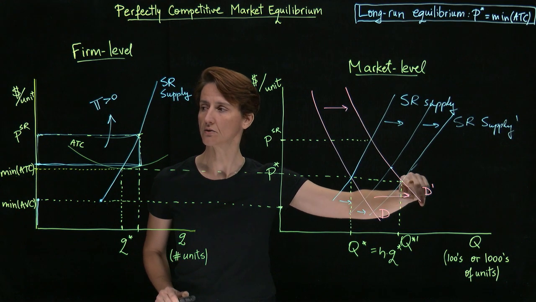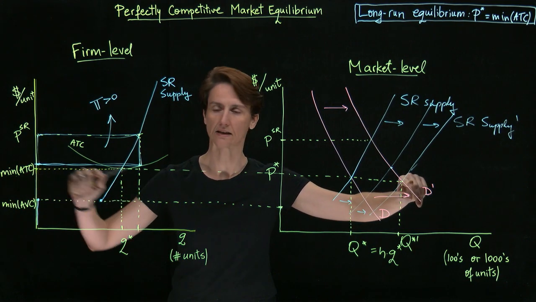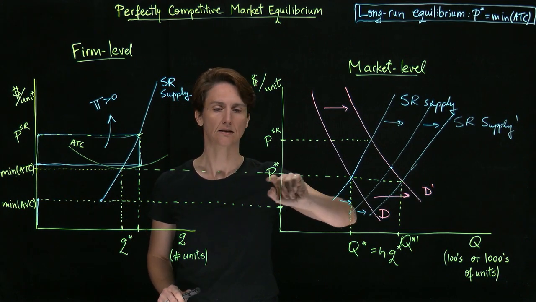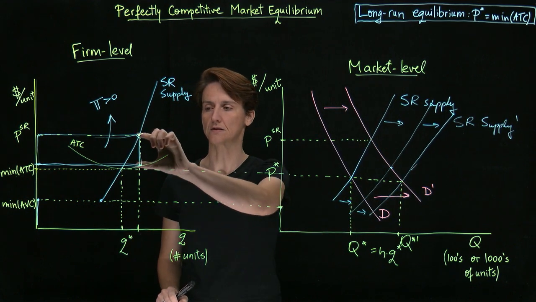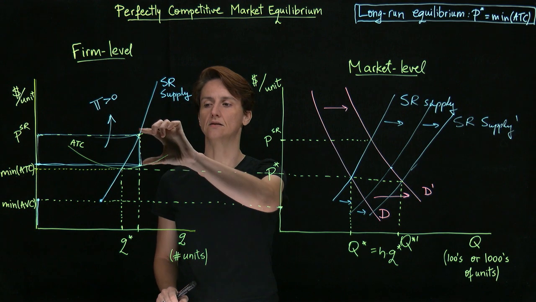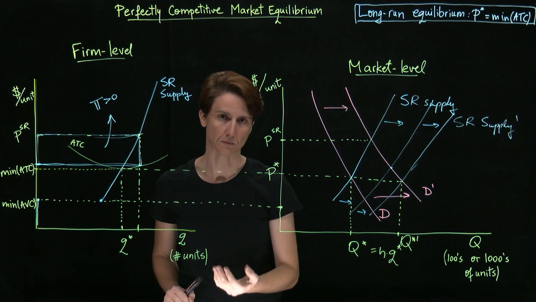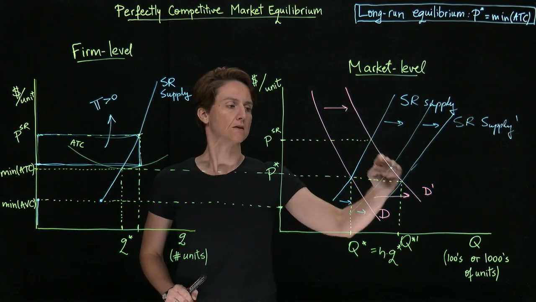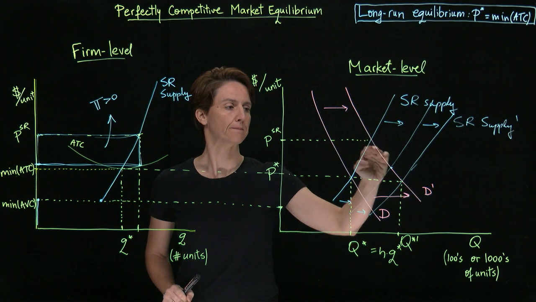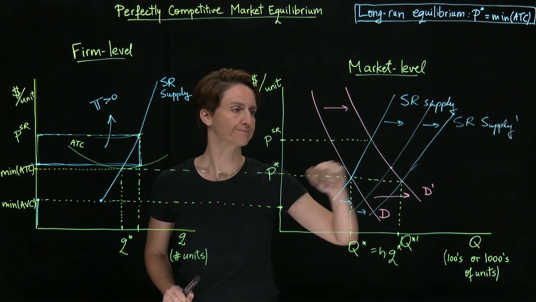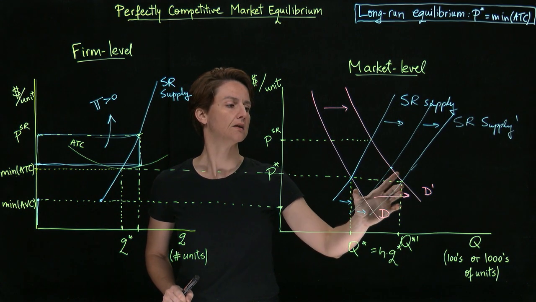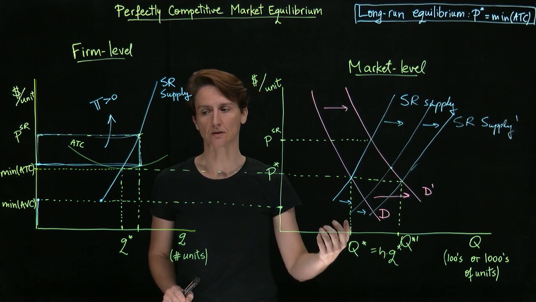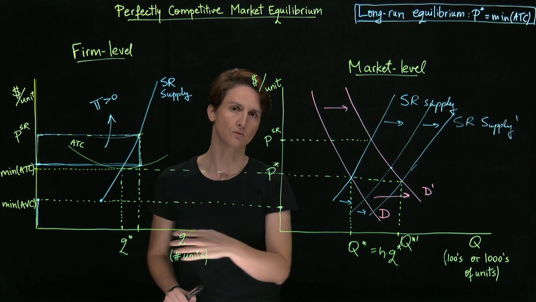That will continue until the price once again reaches that P star minimum of ATC level, at which point profits are back to zero and there are no more incentives for more firms to come in. So we'll be in a new equilibrium, but at the same price. And in this new equilibrium, a larger quantity will be sold, and so more individual firms will be supported by the market.